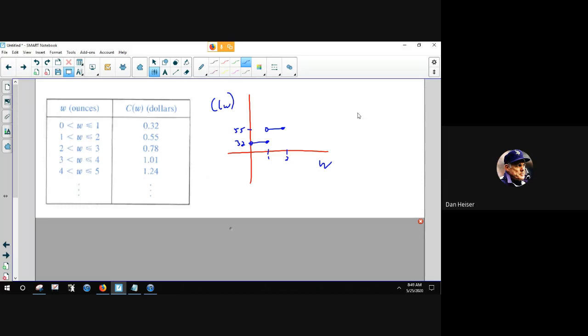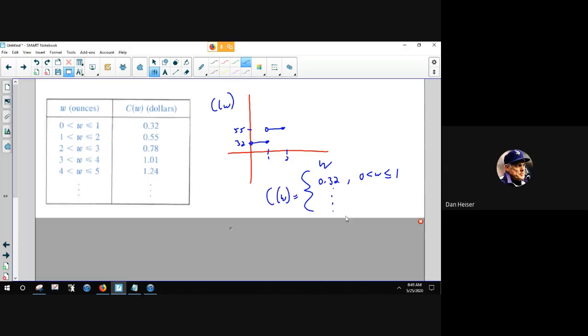To get an equation, to get a formula for this, we would have a piecewise function, where I would just simply take, here's our first piece, C of W is 0.32 when W is between 0 and 1, and so on down the line.